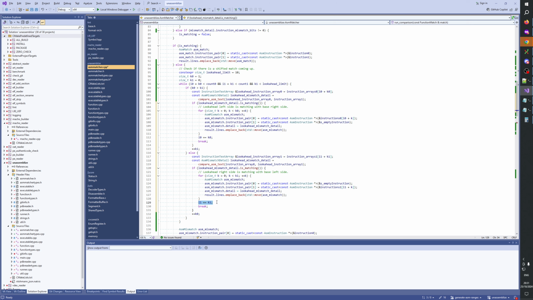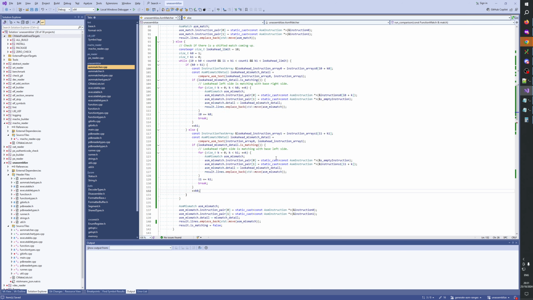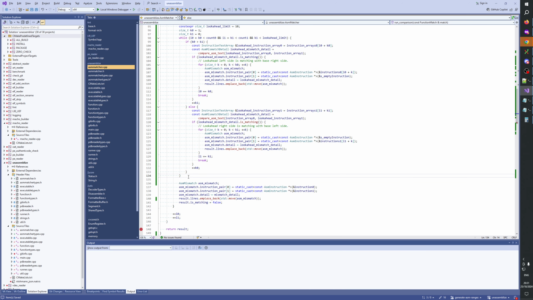I1 plus K1. Okay, I think this is now correct. Oof, it's quite complicated.